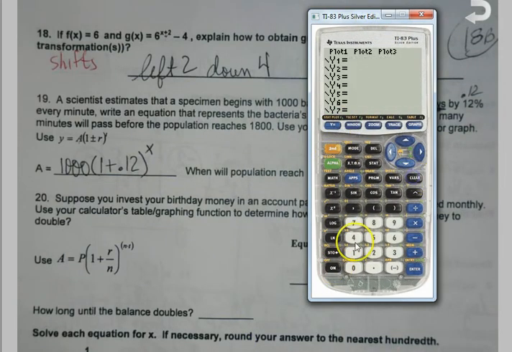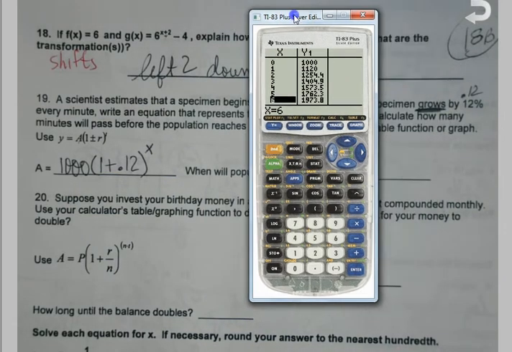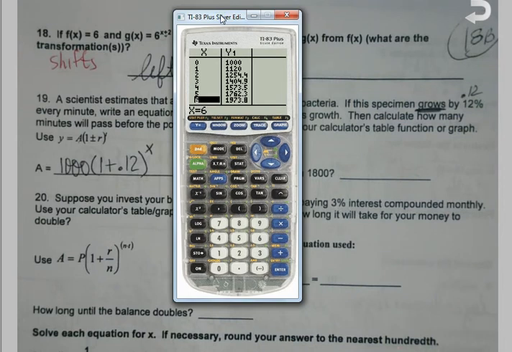I don't want to guess and check. That would take too long. So I'm going to go ahead and type this in to my graphing function using x as my exponent. And then I'm basically going to scroll down until I see something over 1,800. And we've talked before about how you might want to explain this.